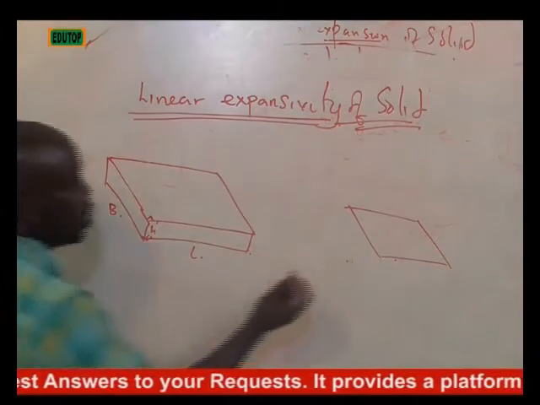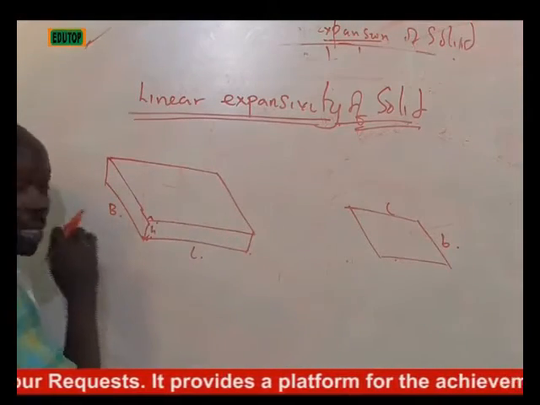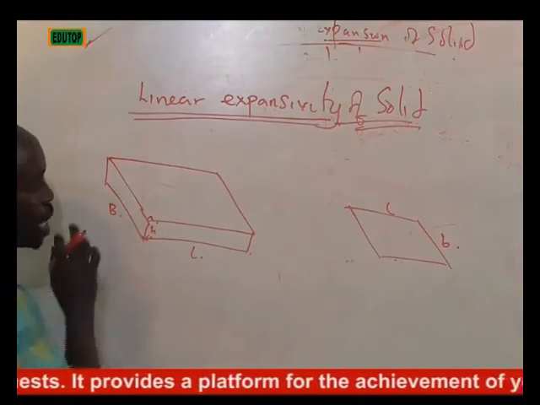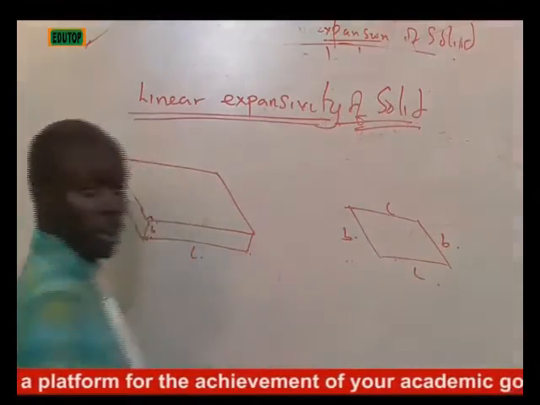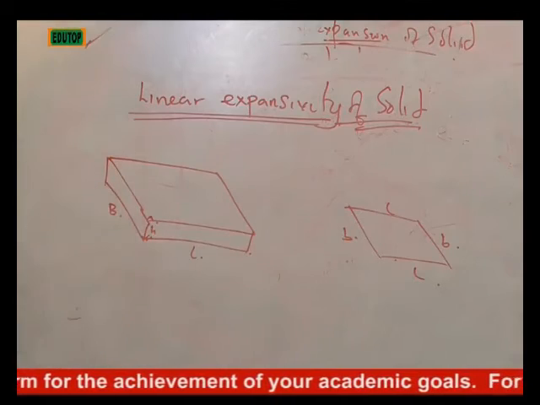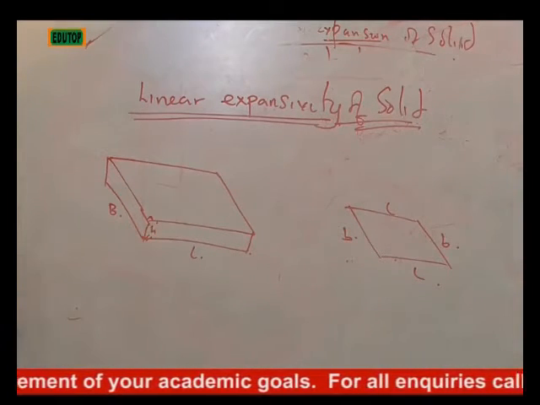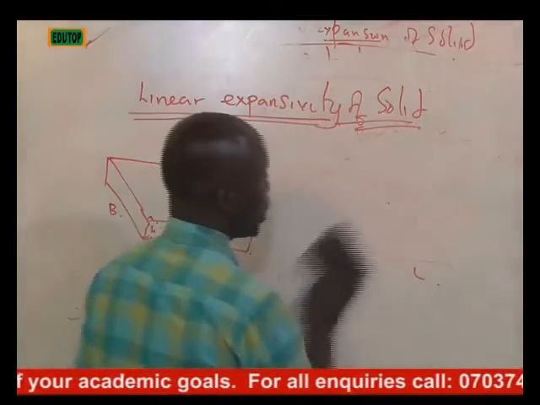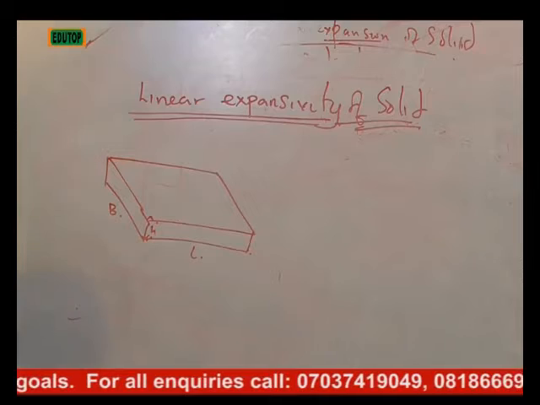A plane object has just 2 dimensions, while a solid object has 3 dimensions: length, breadth, height. A plane has just 2, breadth and length. But because it has that height, it is a 3-dimensional object. So we now say this particular body is being subjected to heat. What happens? It expands.